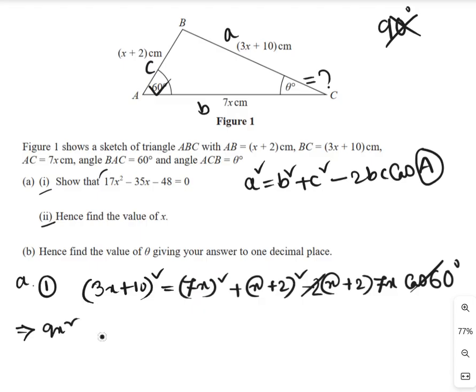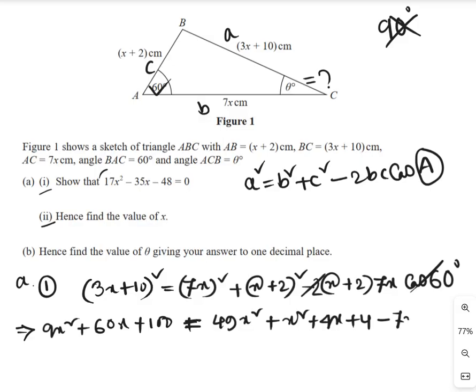So this will be 9x square plus 60x and then 100, this will be equal to 49x square plus x square plus 4x plus 4 and minus 7x square, and 7 times 2 is 14x.